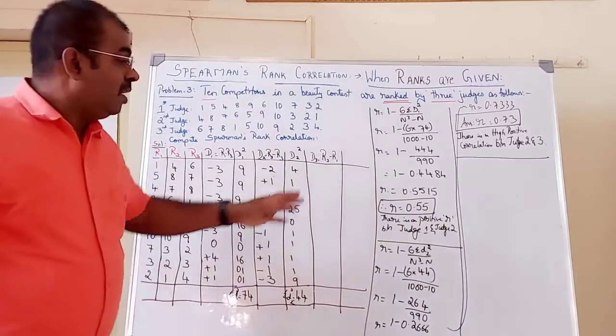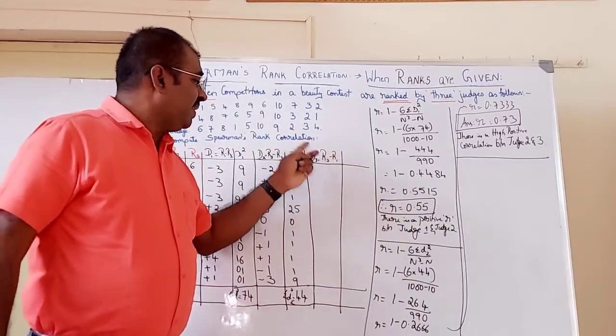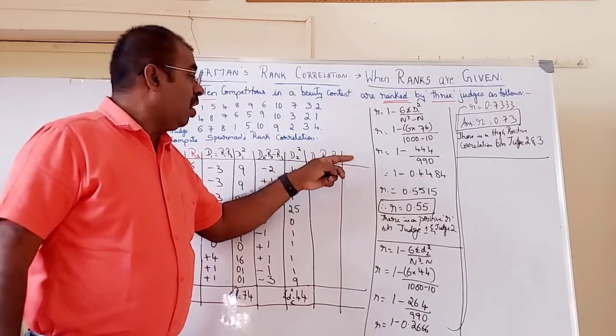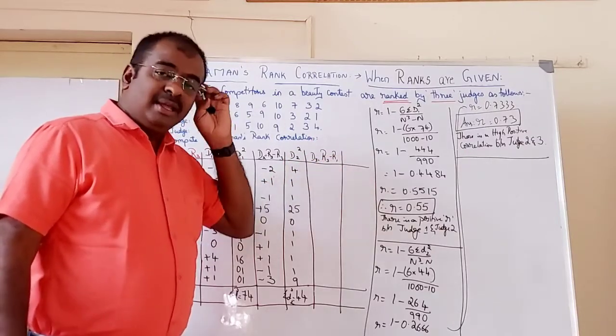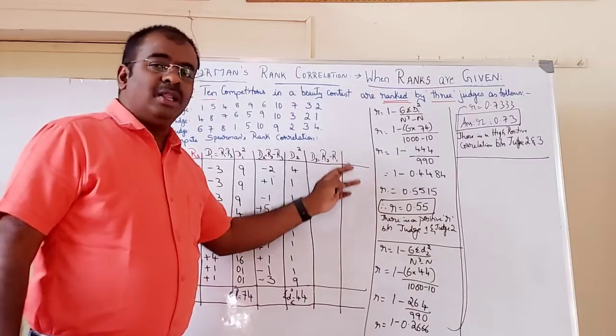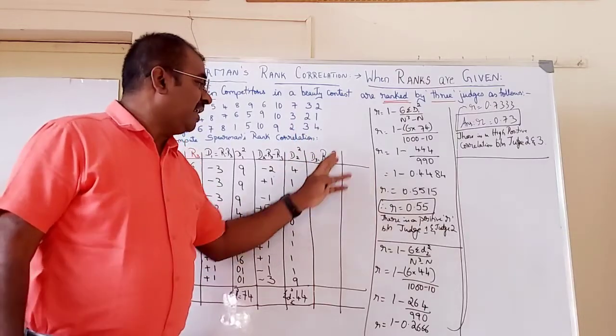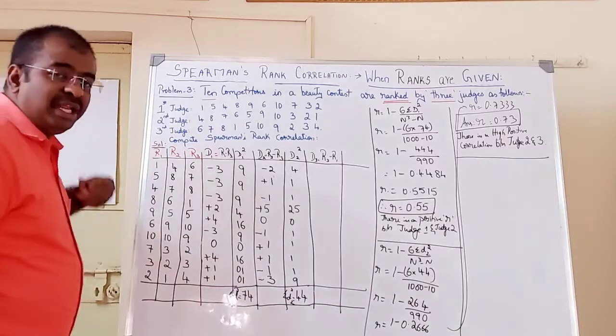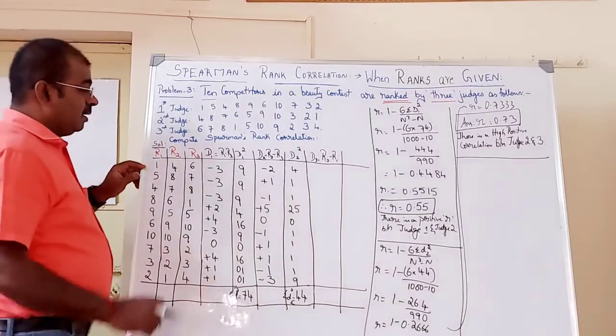Now please note, whether you do it as first judge minus third judge, that is R1 minus R3, or R3 minus R1, when we square these, all the minus values become plus and the final answer will be the same. So let us look at judge 3 and judge 1.